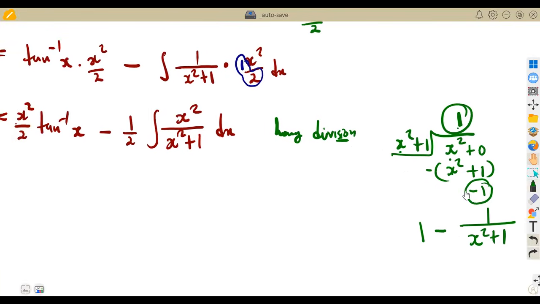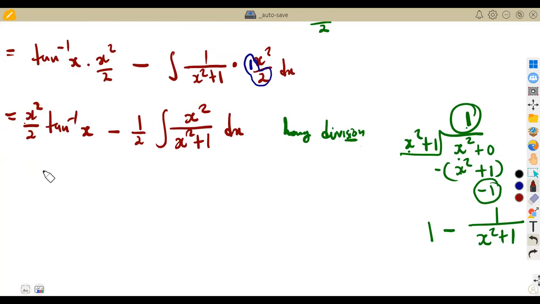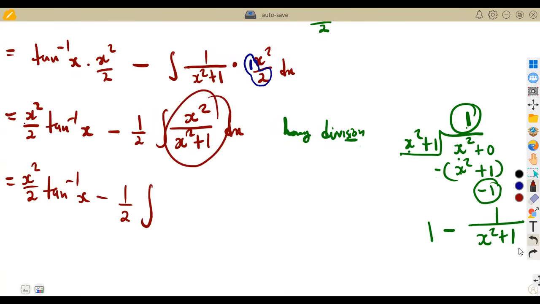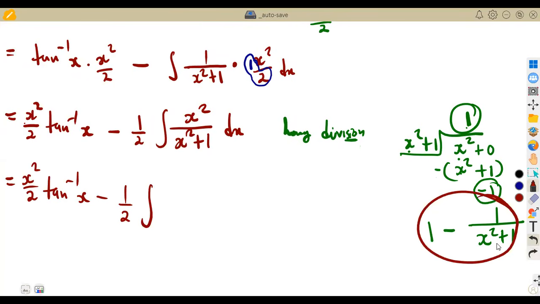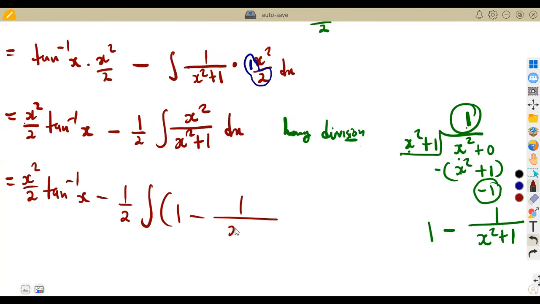We are going to have x squared over 2 arctan of x minus 1 over 2, the integral of, instead of integrating this because it was going to be challenging, we take it now in simplified form, which is the integral of 1 minus 1 over x squared plus 1. So this is what we are supposed to integrate with respect to x.